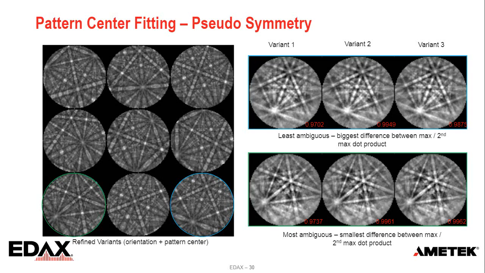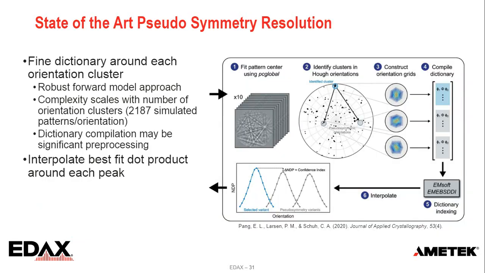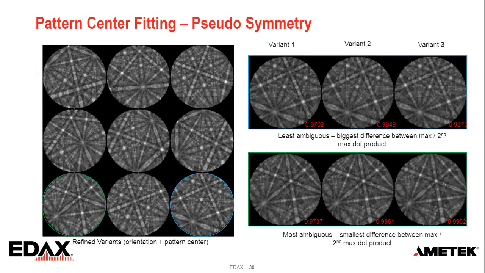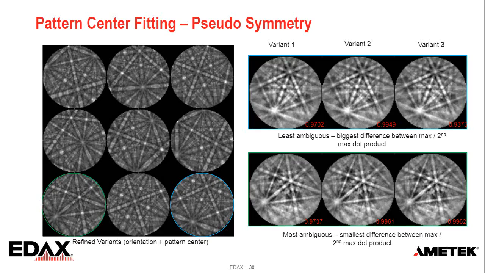The blue one on top here has the biggest difference between the best variant and the next best variant. So in this case, variant 2 is the best with a normalized dot product of 99.49% compared to variant 3. And the green one is the smallest difference.